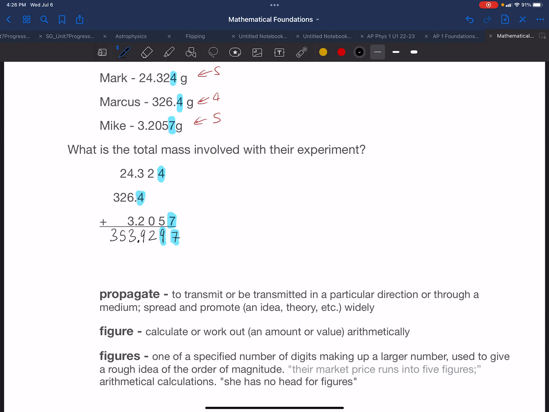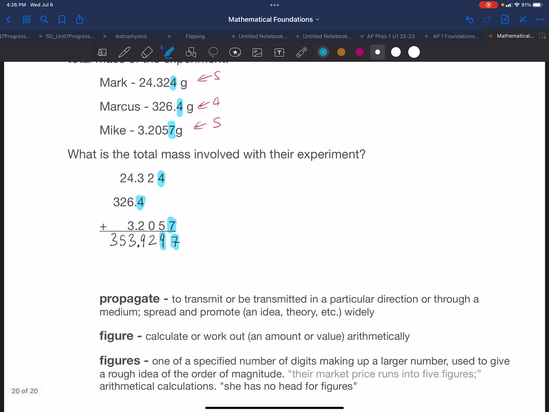So that means we are unsure of this 9. So if we think about what this means, we have 353.9297. We are unsure what the tenths is. So how could we possibly talk about the hundredths, the thousandths, or the ten-thousandths? We're not sure which one of these it is.